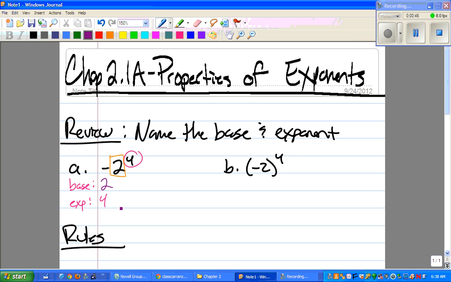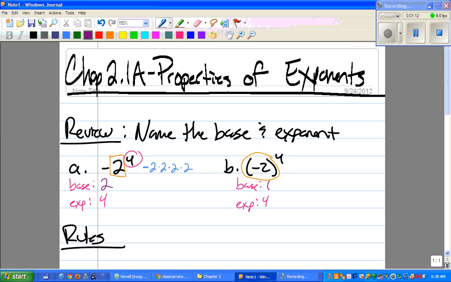So the base here is 2 because this is saying there's only one negative, 2 times 2 times 2 times 2. Now let's take a look at our second one. Once again, the exponent is 4, but here the base is what's inside the parentheses.